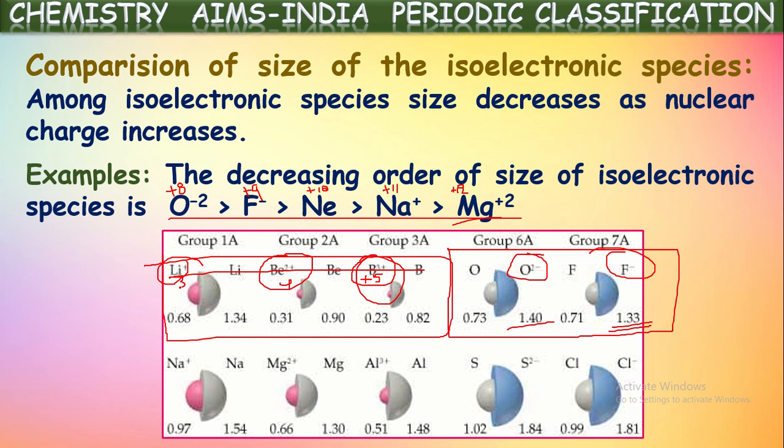So as nuclear charge increases, atomic size decreases. So B3 plus has the smaller size, whereas Li plus has the greater size. Okay, did you understand this comparison? Among the isoelectronic species, the species which has the greater nuclear charge will have the lowest size.